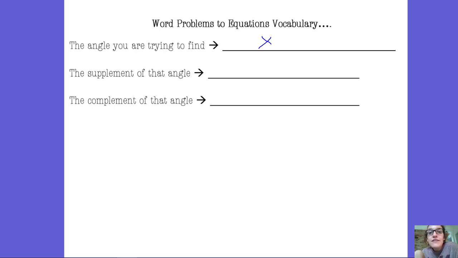So if your angle is x, the supplement of that angle is 180 minus x. Remember, we just talked about that you subtract the angle from 180 if you're trying to find the supplement. The complement of that angle is 90 minus x. So when you see a word problem and you're trying to take the words and switch it to an equation, the angle is x, the supplement's 180 minus x, the complement is 90 minus x.